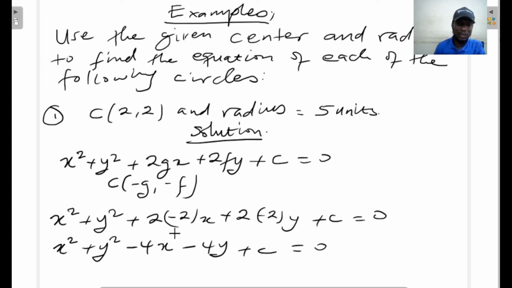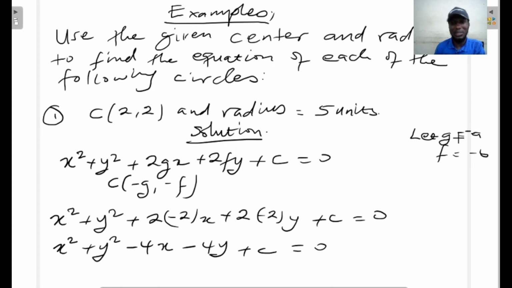And I don't want anybody to be confused by this. When you remember what we did in the previous video, we said that we let g equal negative a and f equal negative b. That's what we did. So if this time we want to make a the subject, then we will divide both sides by negative 1.